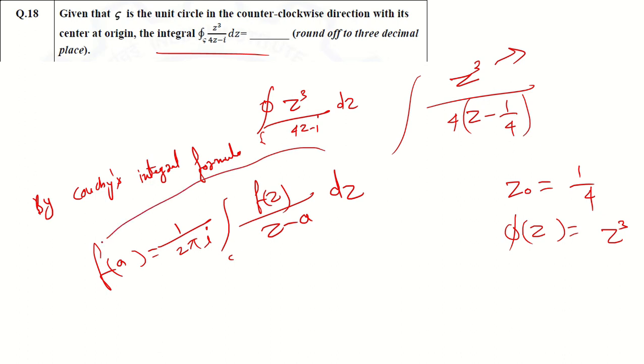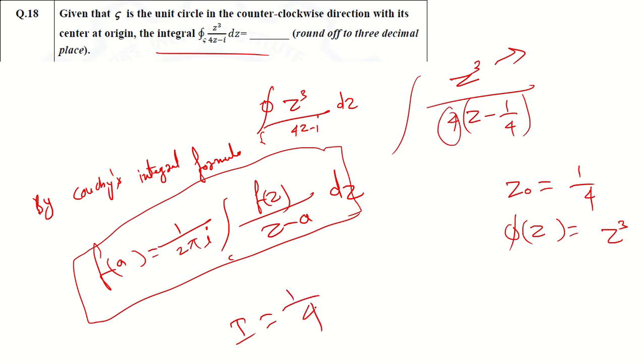This is the equation for Cauchy's integral formula. So according to this we can apply. So 1 by 2 pi i is not given, okay? 1 by 4 is constant. So we compare this equation to this equation, see. And 1 by 2 pi i is not given, so we will multiply 2 pi i.